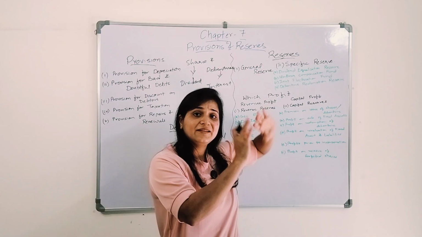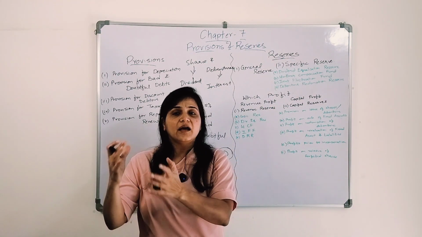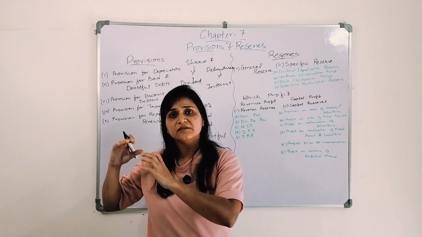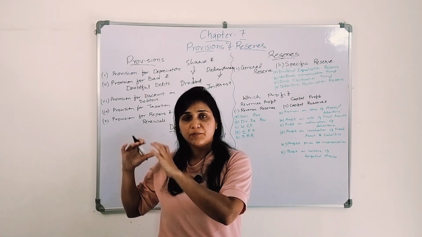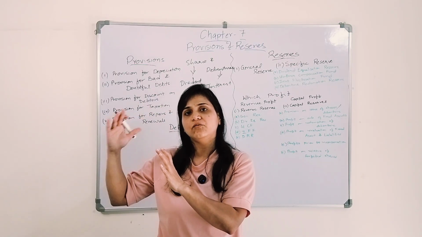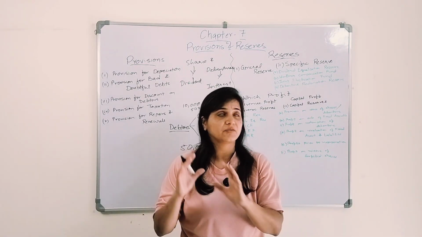So when they redeem them, they need to pay money. So from the date when they took the money from their debenture holders, they keep a certain proportion of their profit in the debenture redemption reserve, so that at the end when they have to pay, they have that particular amount in their reserve, right?